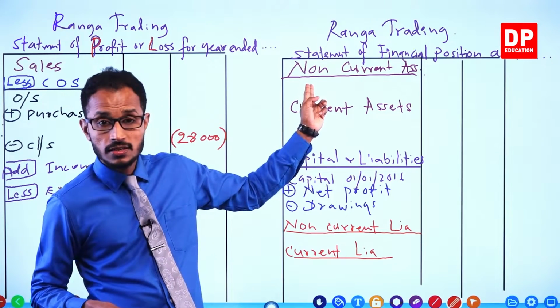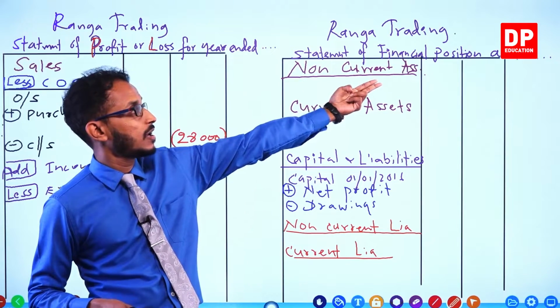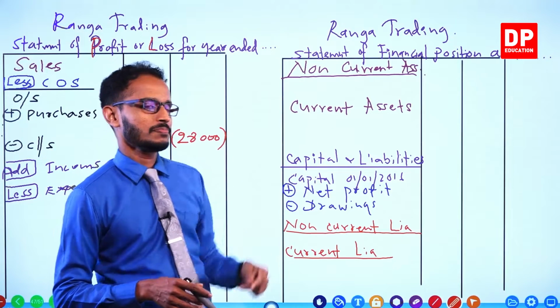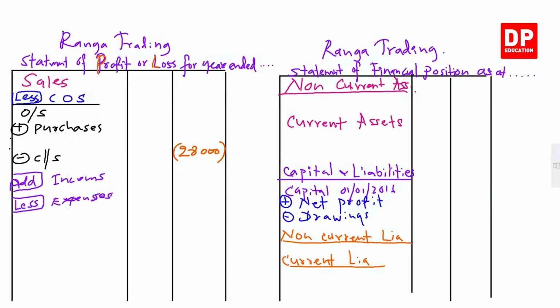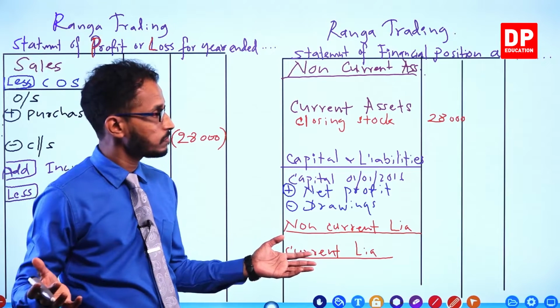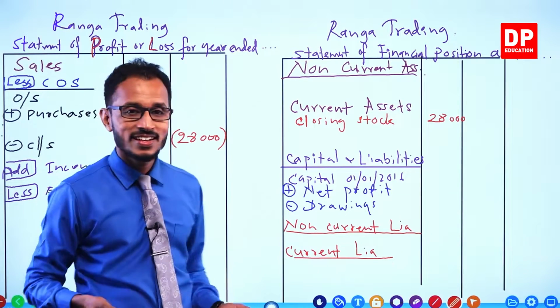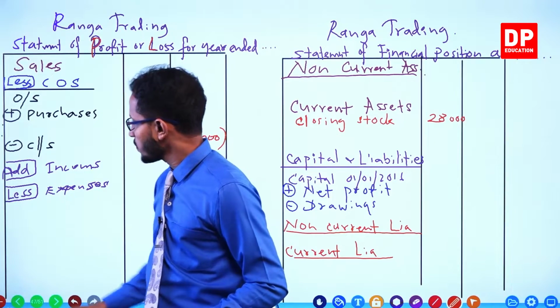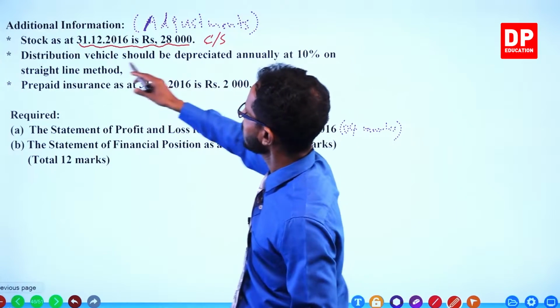Non-current assets. No, current assets. Closing stock. Got it? Okay, done. Yeah, first adjustment is done.